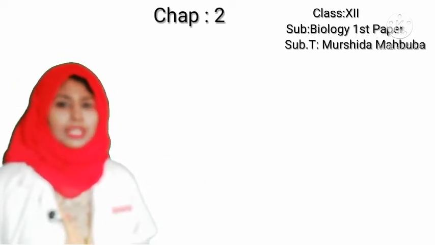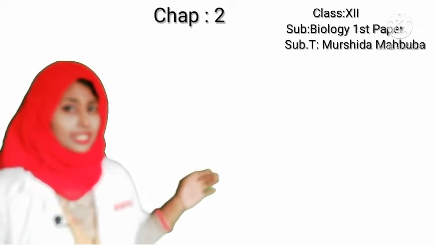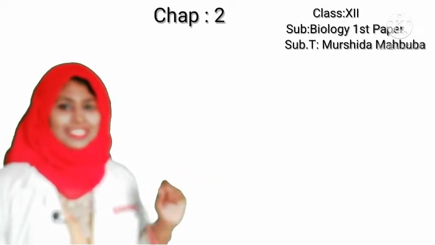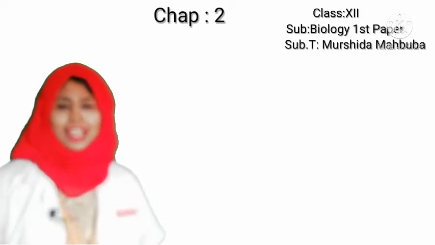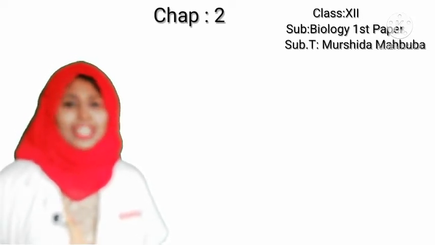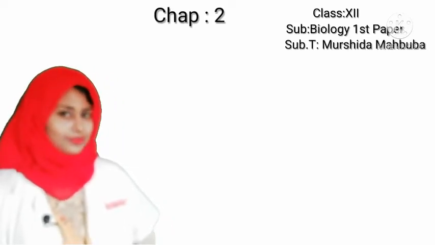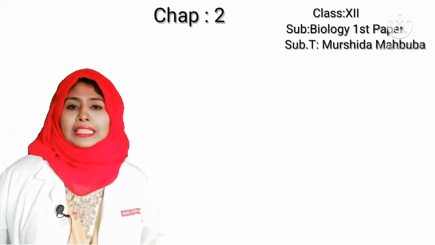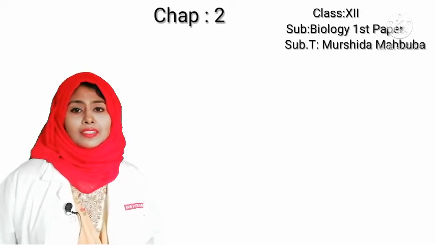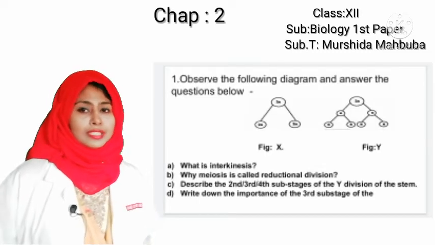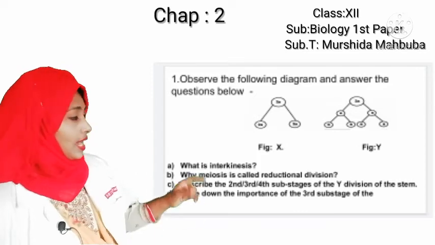My dear students, number 1, what is interkinesis? Now you say. I hope you can. Why is meiosis called reductional division? Then describe the second or fourth sub-stage of the division.